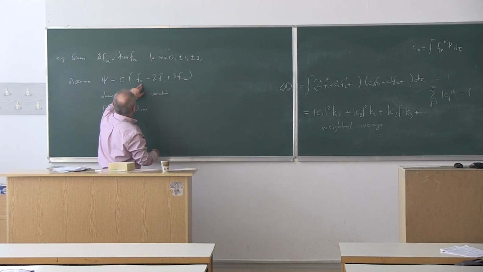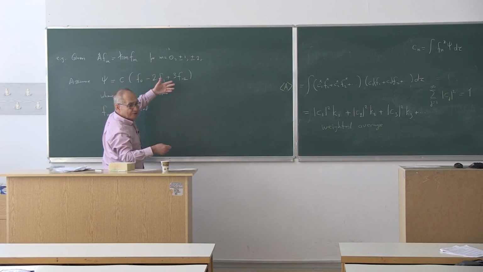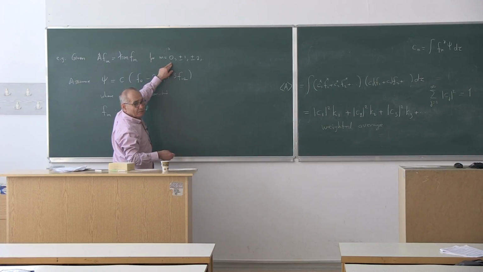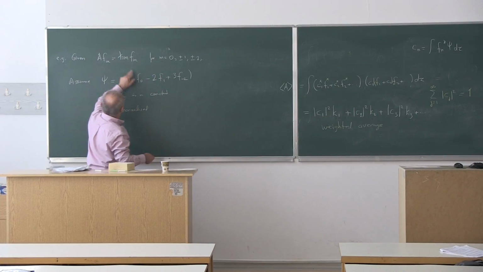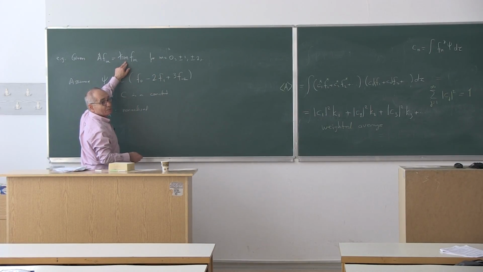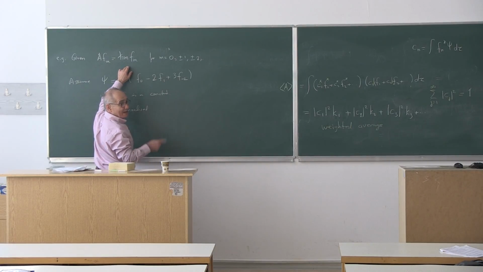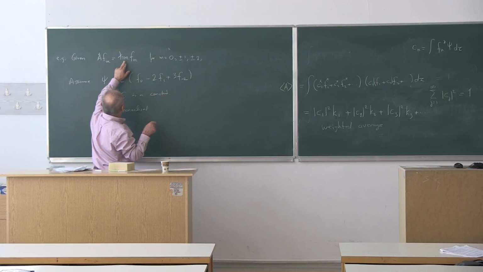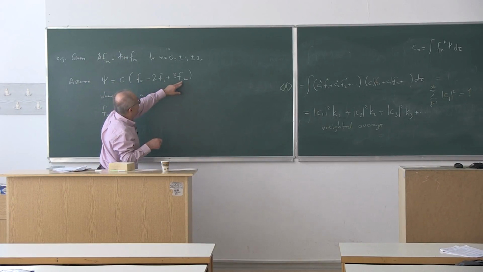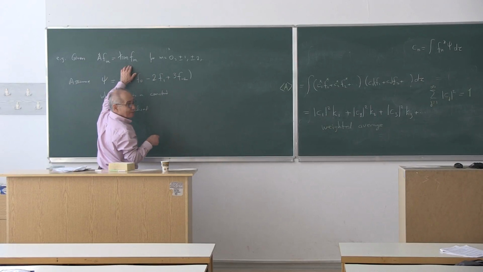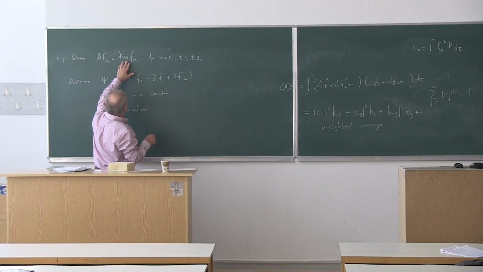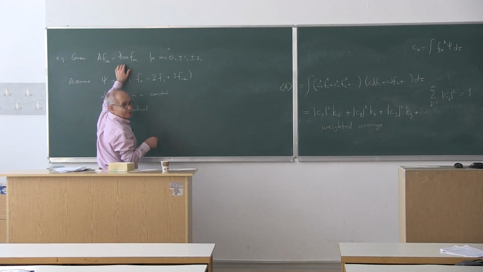And f0 is a third function for which m is equal to 0. f0 satisfies this equation with m equals 0. f1 satisfies the same equation with m equals plus 1, which means the eigenvalue is 1 times h bar. And f minus 2 satisfies the same equation with m equals minus 2. So the eigenvalue will be minus 2 times h bar.